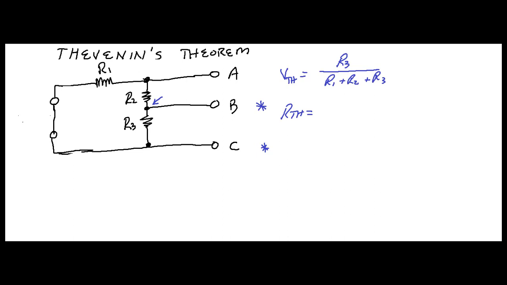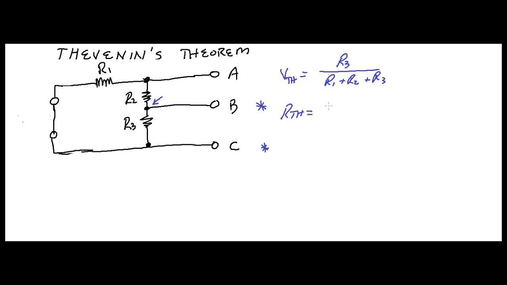Okay. Let's give it a go. What's your Thevenin resistance at this point? Well, look. It looks like on one side here, if you come around here, you're going to have R1 and R2 on one side of it, and R3 is going to be in parallel with those two, right?